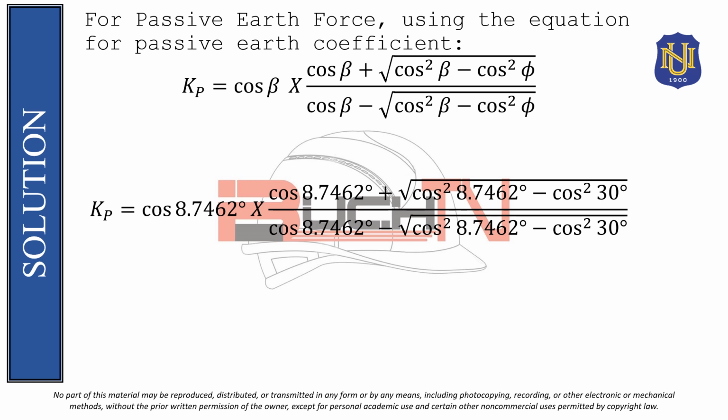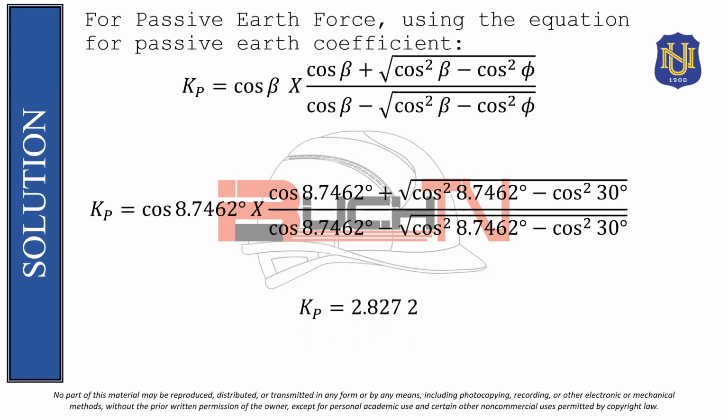So, substitute natin si beta at tsaka yung angle of internal friction na 30 degrees. So, meron kang cosine of 18.7462 degrees times cosine of 18.7462 degrees plus square root ng cosine squared of 18.7462 degrees minus cosine squared of 30 degrees divided by cosine 18.7462 degrees minus square root ng cosine squared 18.7462 degrees minus cosine squared of 30 degrees.